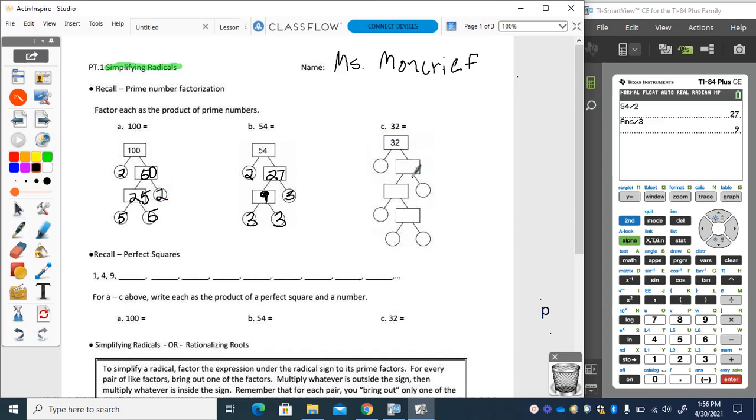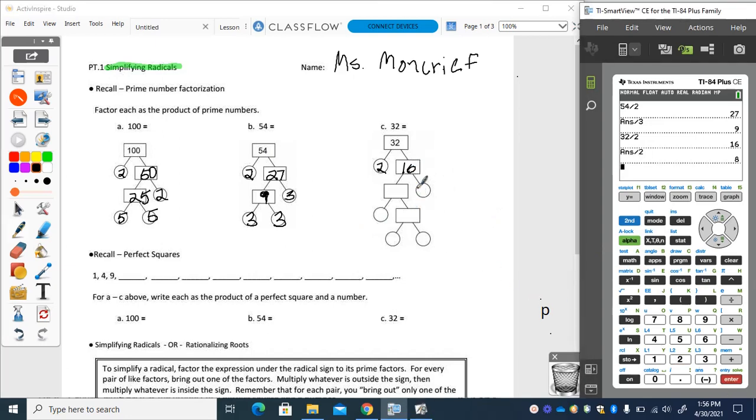So now let's look at 32. Well, is 32 even? Yeah, so let's divide by 2. 32 divided by 2, and what do we get? 2, which is prime, and 16. Now, what about 16? Is it even? Yeah, so let's go ahead and divide by 2. So we have 2 and 8. Is 8 even?